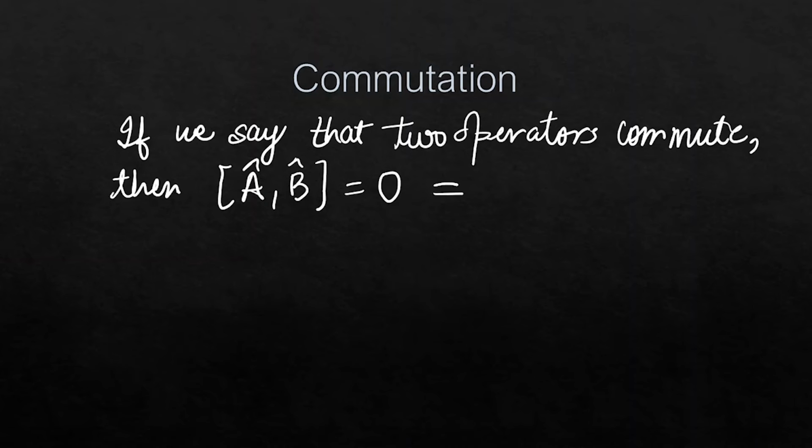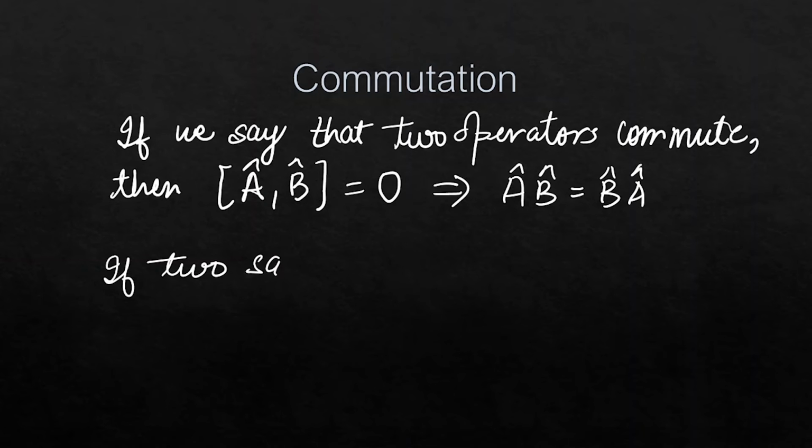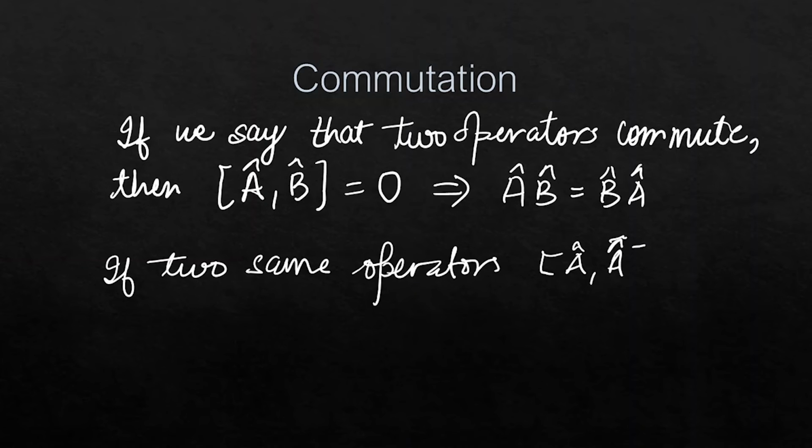That means AB is equal to BA. Next, if we have two same operators, their commutator always vanishes.